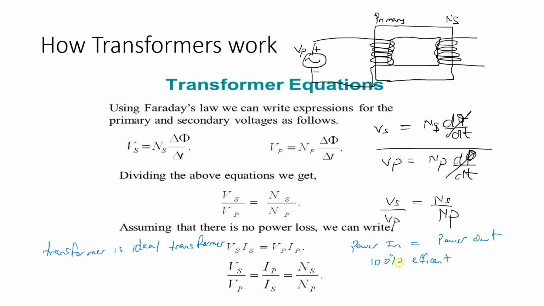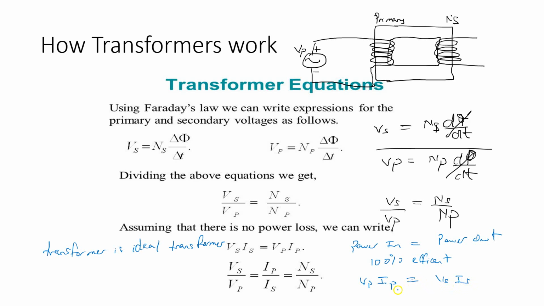That's what we're literally saying here. Power in is equal to power out, and power in is basically VP times IP, because that's the power in. Power in is always into the primary, and VS times IS is power out.